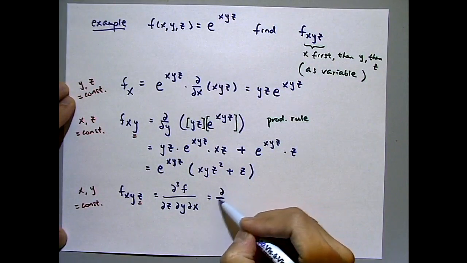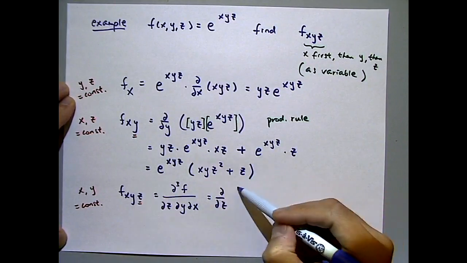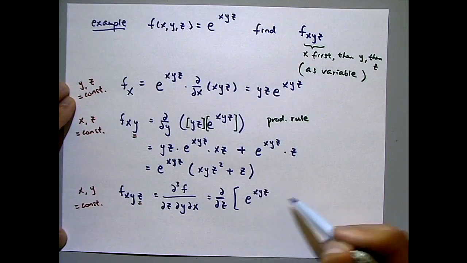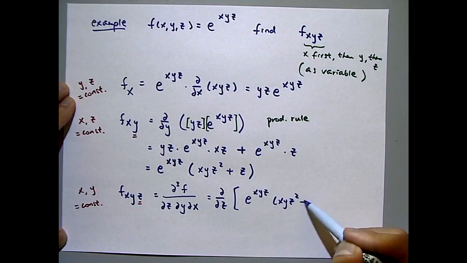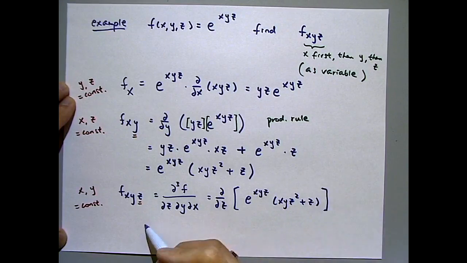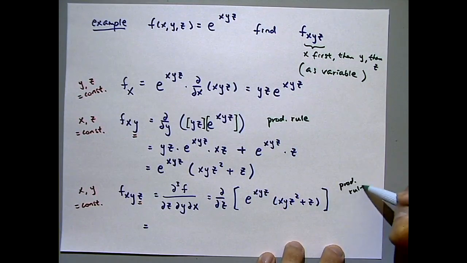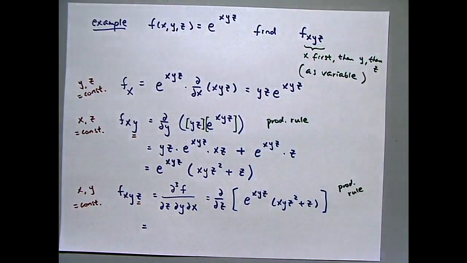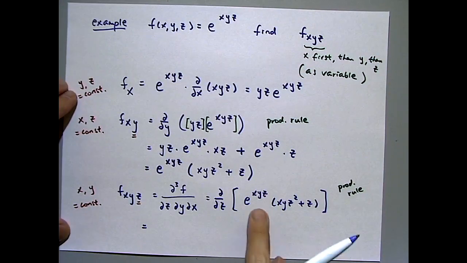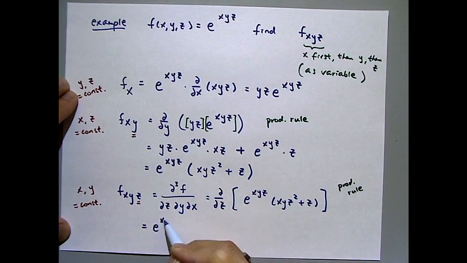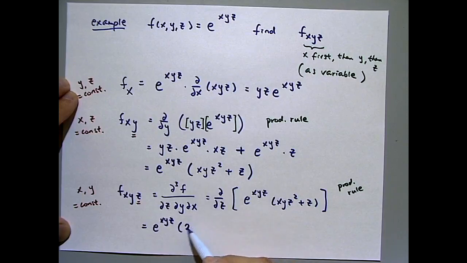So this is a partial with respect to z of this thing right here, e to the xyz times xyz squared plus z. And this is the product rule again. Function of z, function of z. All right, so first, the derivative of this with respect to z, 2xyz plus 1.